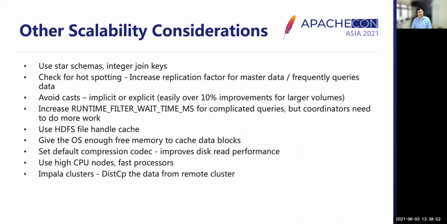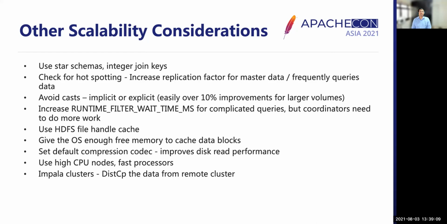Some other scalability considerations: ideally use star schemas and integer join keys. We have seen joins on integer keys to be significantly faster than character keys. You check for hotspotting, and you increase the replication factor for your master data or frequently queried data.